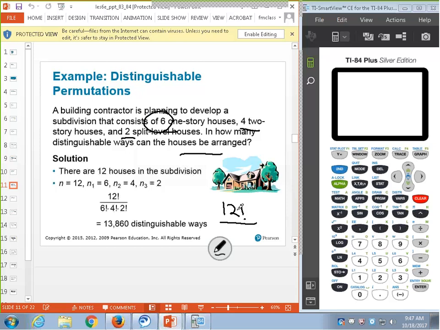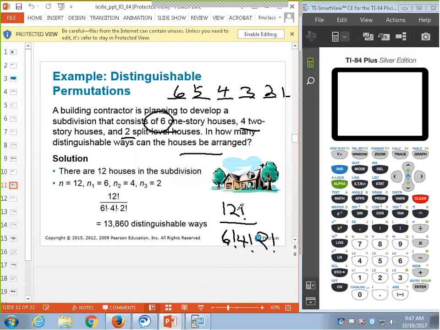So, the number of ways of getting one-stories in different sequences you can't distinguish is what? 6, 5, 4, 3, 2, and 1, right? Yeah, so then you divide by 6 factorial. And then you have 4 two-stories, so you divide by 4 factorial, 2 split levels, which is 2 factorial. Okay, now it's not dividing by 6, but it's 6 factorial.